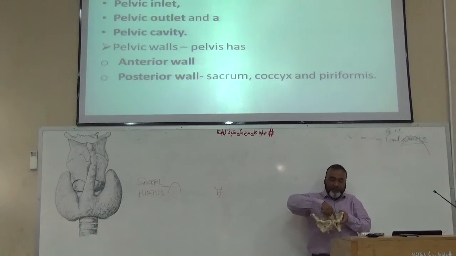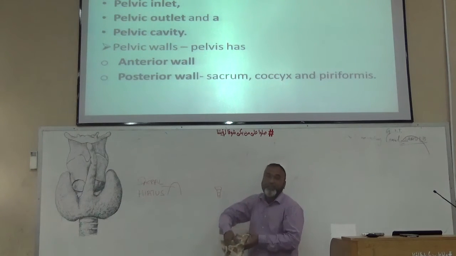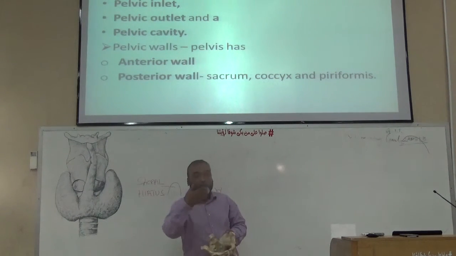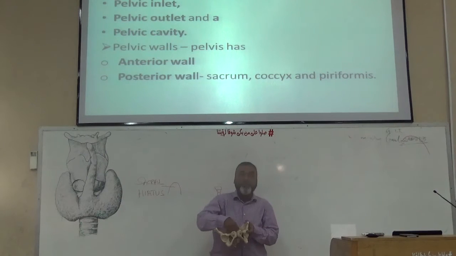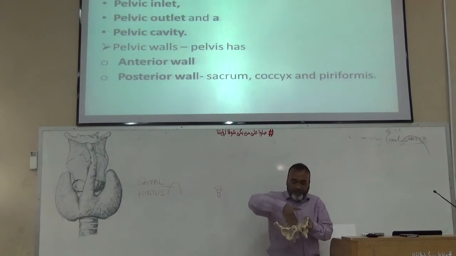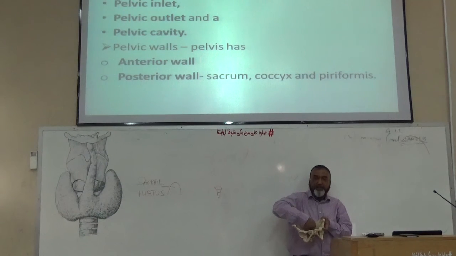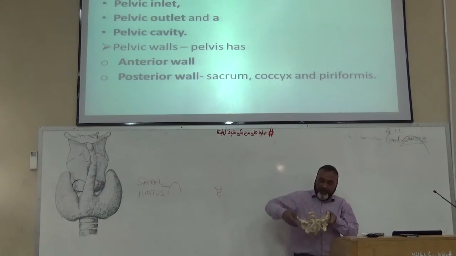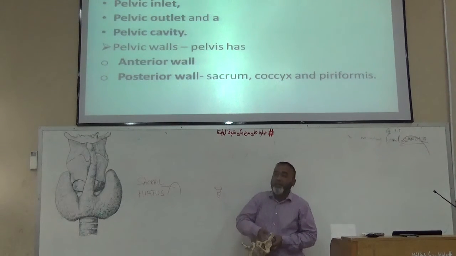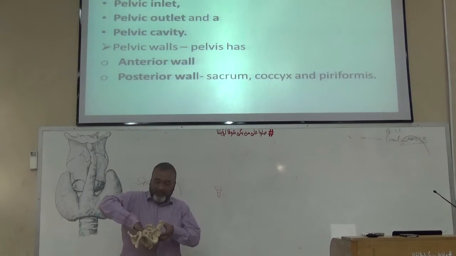Now, what is the anterior wall? The inner or posterior surface of the two pubic bones. This is the anterior wall. Posterior wall: we have the ventral or pelvic surface of the sacrum and the coccyx. Laterally we have the medial surface of the iliac and the ischial bones.